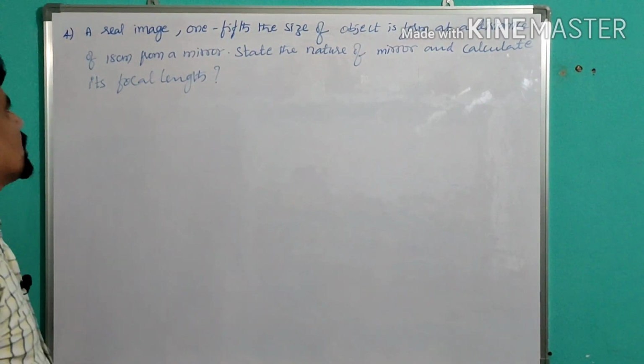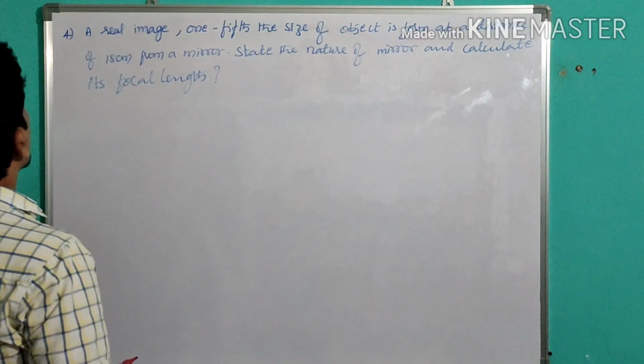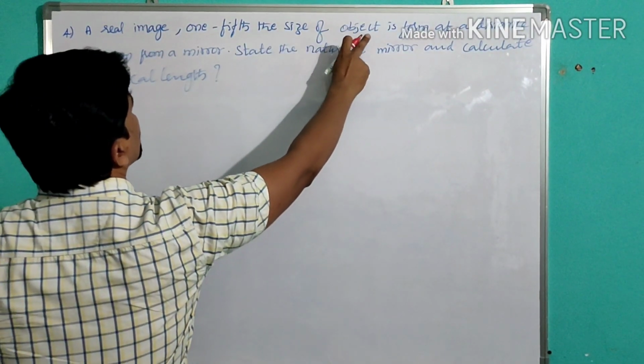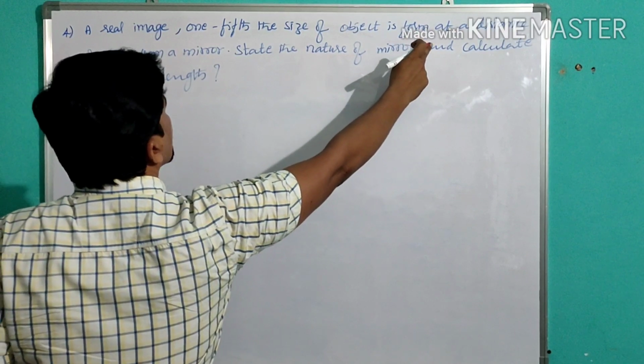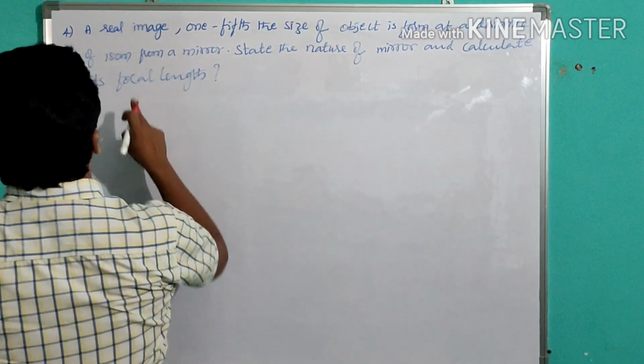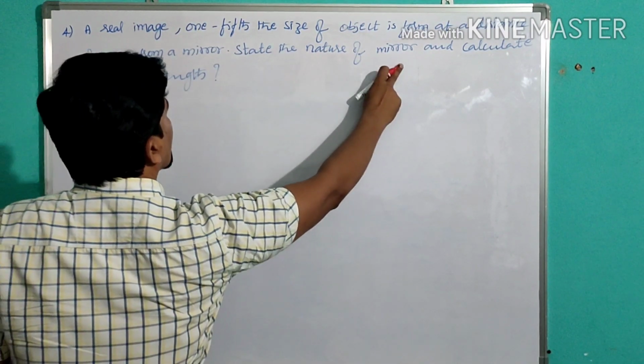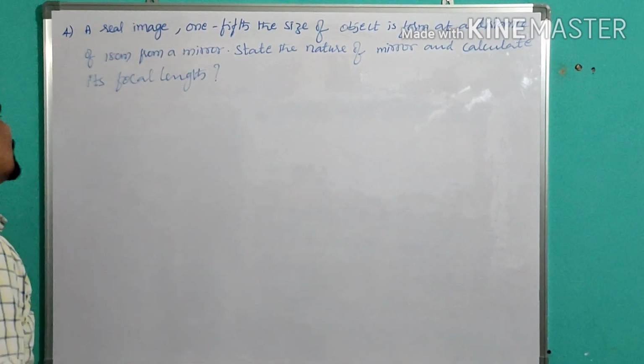Let us see problem number 4. A real image 1/5 the size of the object is formed at a distance of 18 centimeters from a mirror. State the nature of the mirror and calculate its focal length.